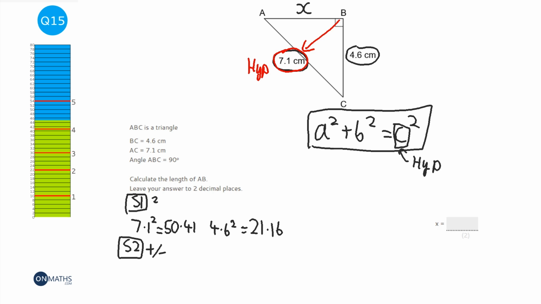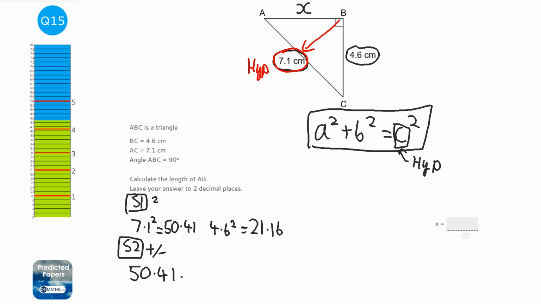So in step 2, have a think, well, if we add them, we'll get a bigger number. Well, the hypotenuse must be the biggest side. So when you're finding another side, not the hypotenuse, you will subtract. But if I was finding the hypotenuse, so I wanted a bigger number than the other two, then I would add.